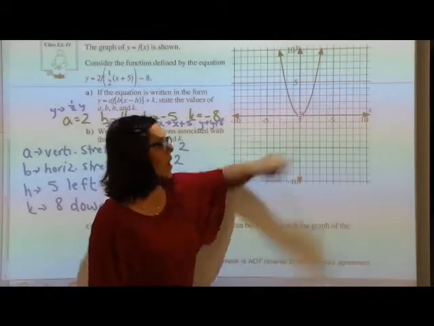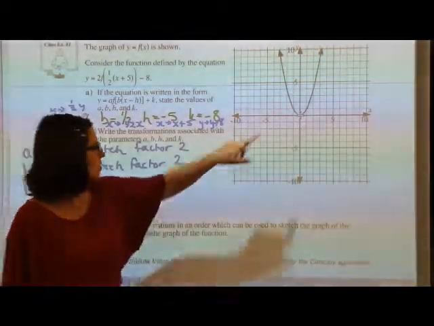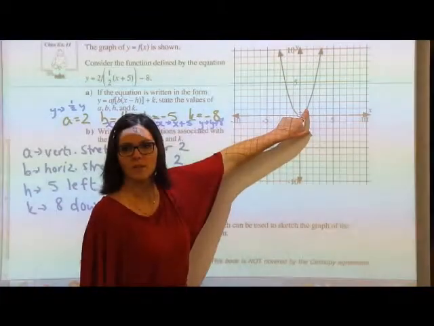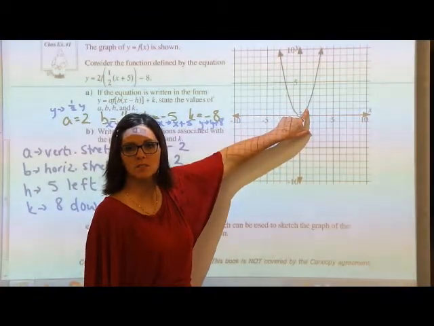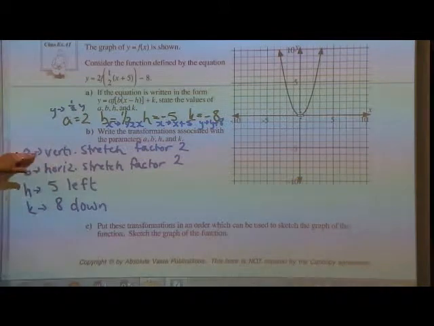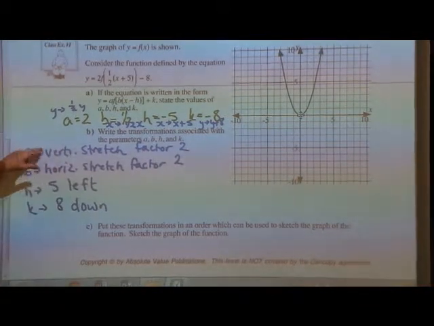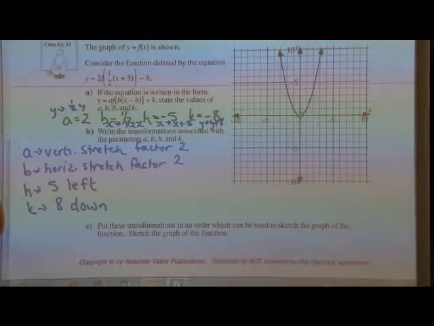Okay, so now I have 1. And what are the coordinates here? What's the coordinates of this point? 1 and 1. So if I stretch the vertical by a factor of 2, it will become 2. And if I stretch horizontally by a factor of 2, it will become 2.